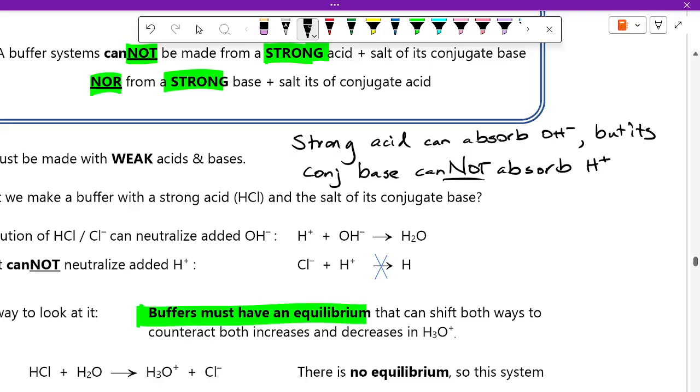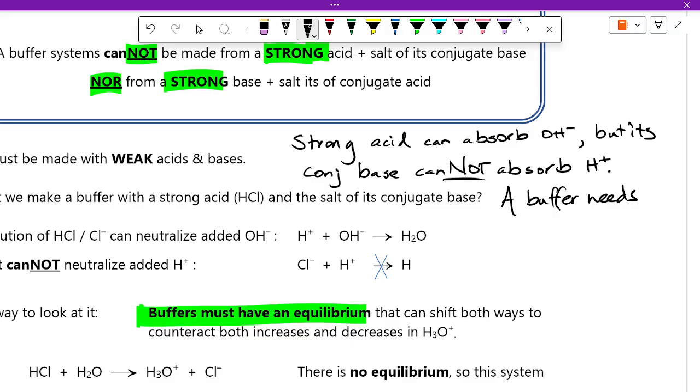Okay, so a strong acid can absorb hydroxide, but its conjugate base cannot absorb hydrogen, and a buffer needs to be able to do both. It's not that it needs an H and an OH, it's that you need an acid and a conjugate base that is able to act as a base.